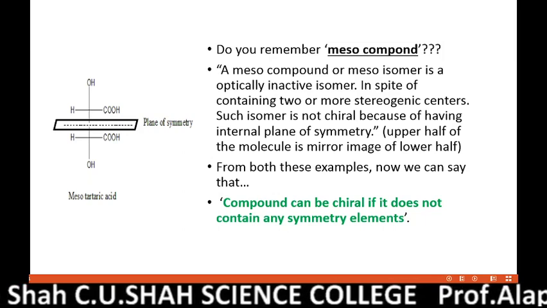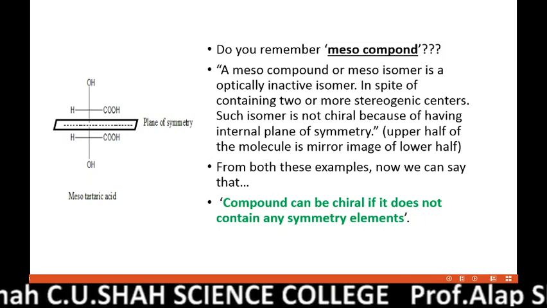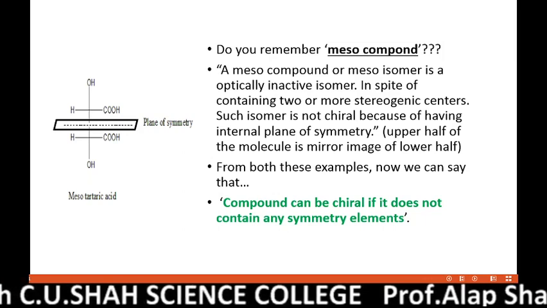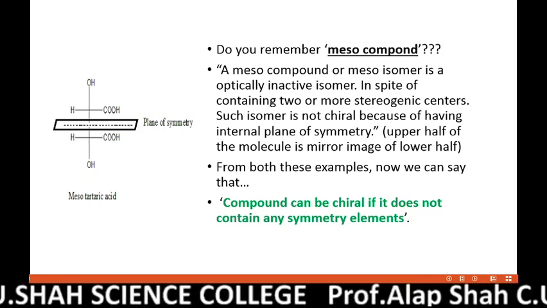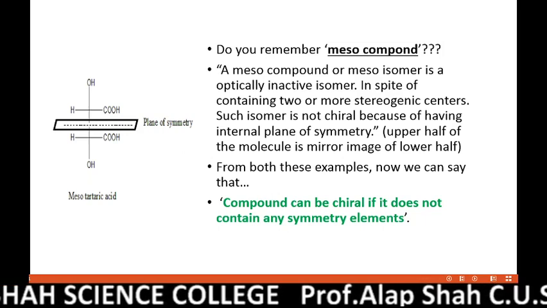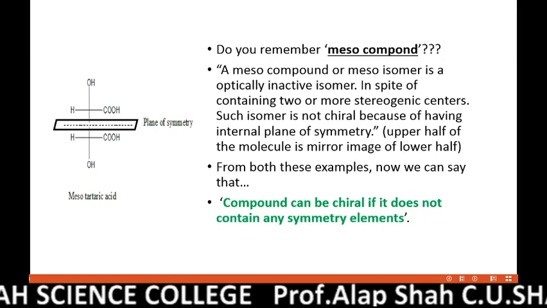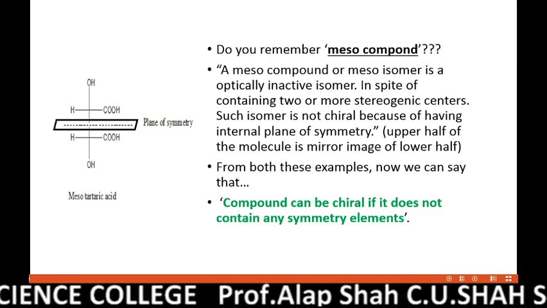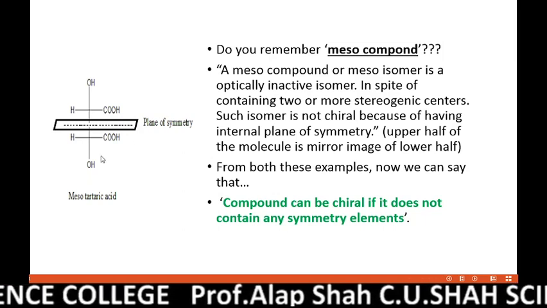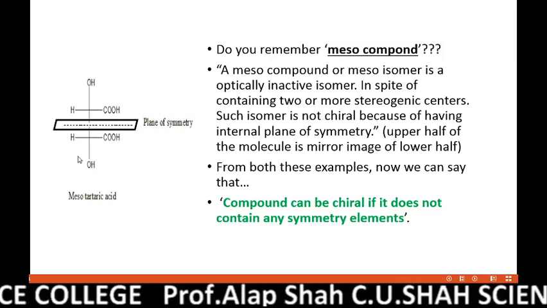In spite of containing chiral carbons, such isomers are not chiral, not optically active. Why? Because of having an internal plane of symmetry. Here in this figure you can see a mesoisomer of tartaric acid.